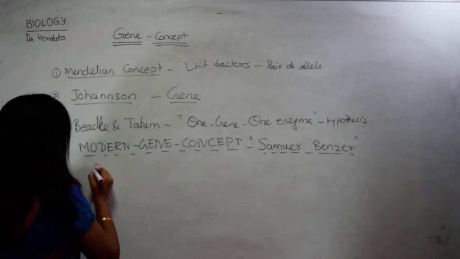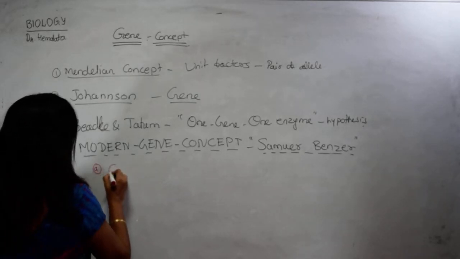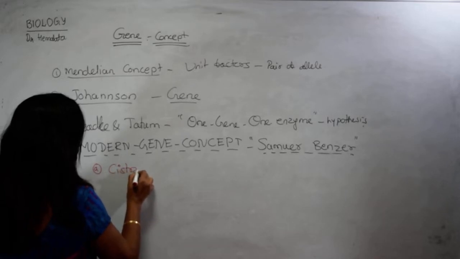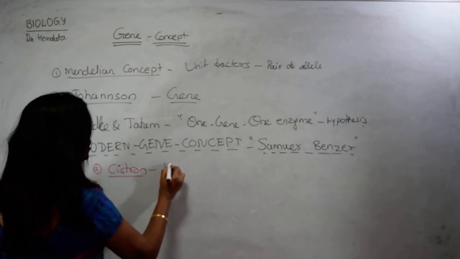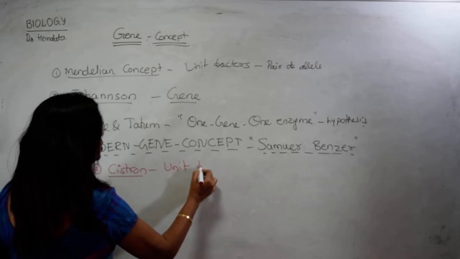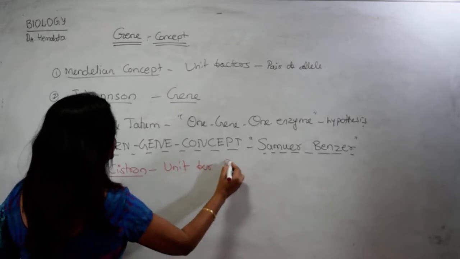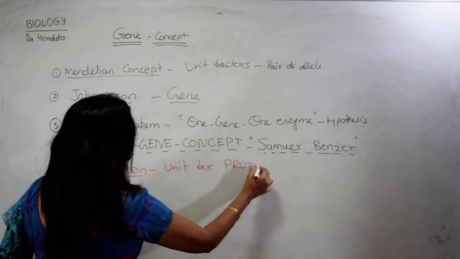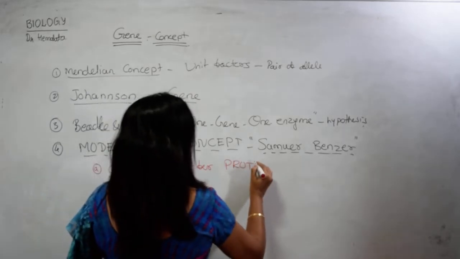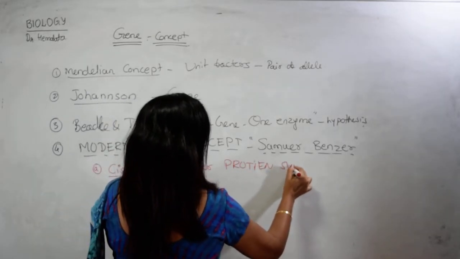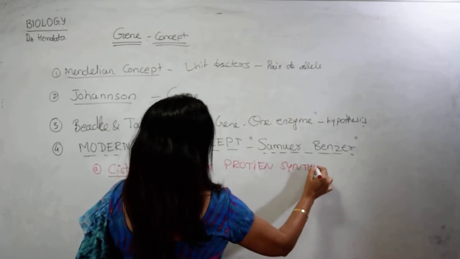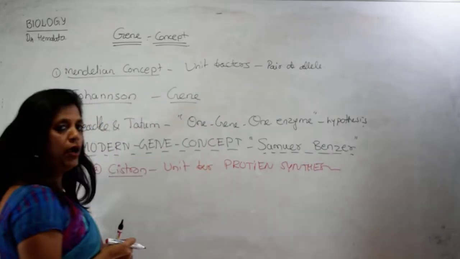First one, we can call gene a cistron. Remember, cistron is nothing but the unit of protein synthesis. So, the one that helps in protein synthesis is called a gene.